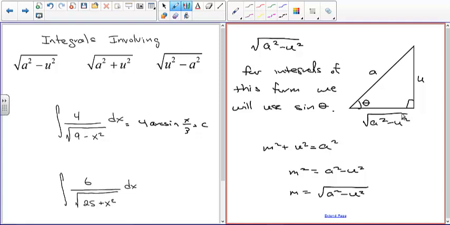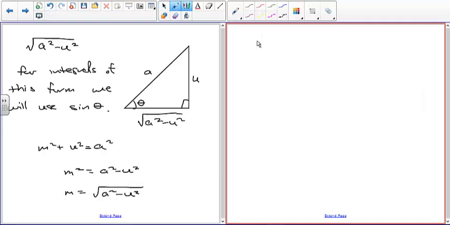Okay. So now that we've defined that right triangle as such, we can say a few things. We can say that the sine of theta, which is equal to the length of the opposite side over the hypotenuse, is equal to u over a.